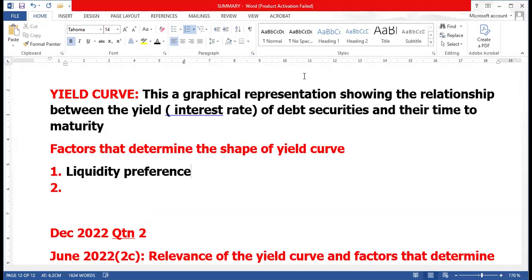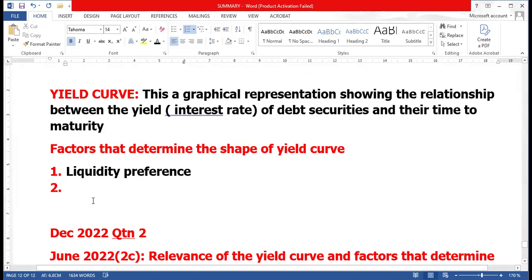The yield to maturity. And then on the horizontal? Time to maturity. Okay. So we have point number 1, liquidity preference.